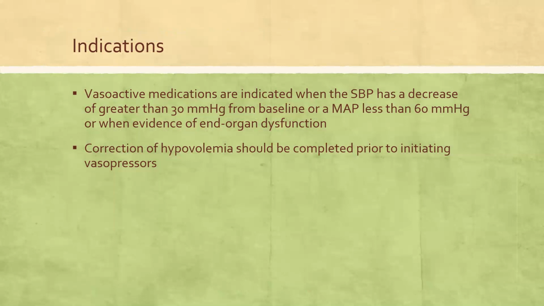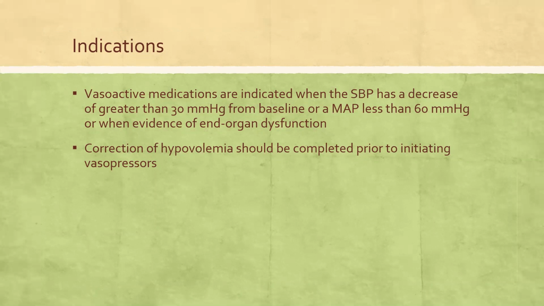Or when there's evidence of end organ dysfunction. So for example, you may have no urinary output, or you may have an elevation in liver enzymes, something like that, that tells you there's an indication of end organ dysfunction. And also critical, before we start these vasoactive drugs, somebody's got a low blood pressure, before we say, okay, let's get that dopamine going and bring up their blood pressure, we need to do that fluid replacement, right?